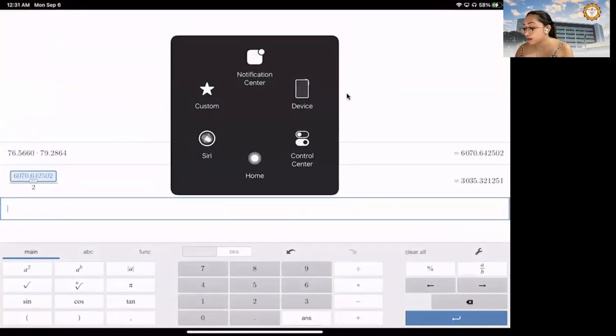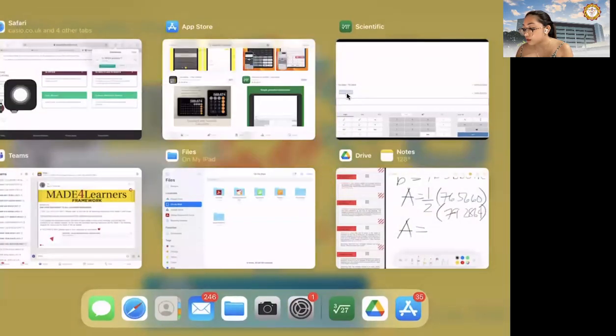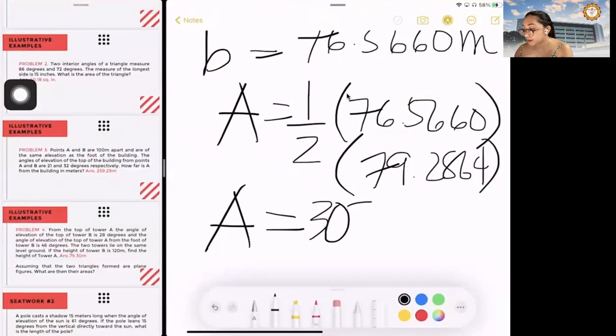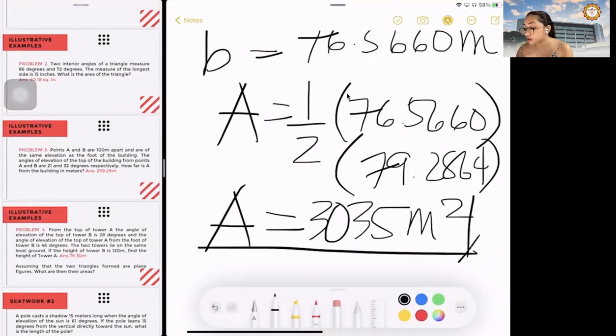So the area for that triangle is 3,035 square meters.